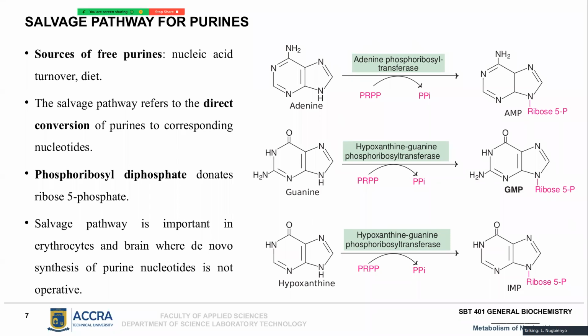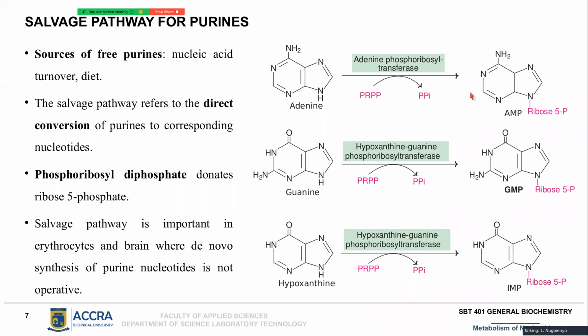So if there is some breakdown of this nucleotide such that the phosphate group is hydrolyzed away, the nitrogenous base is hydrolyzed away, which means you are having the three components standing on their own. You have the phosphate group separated, you have the sugar separated, and you have the nucleobase also separated.